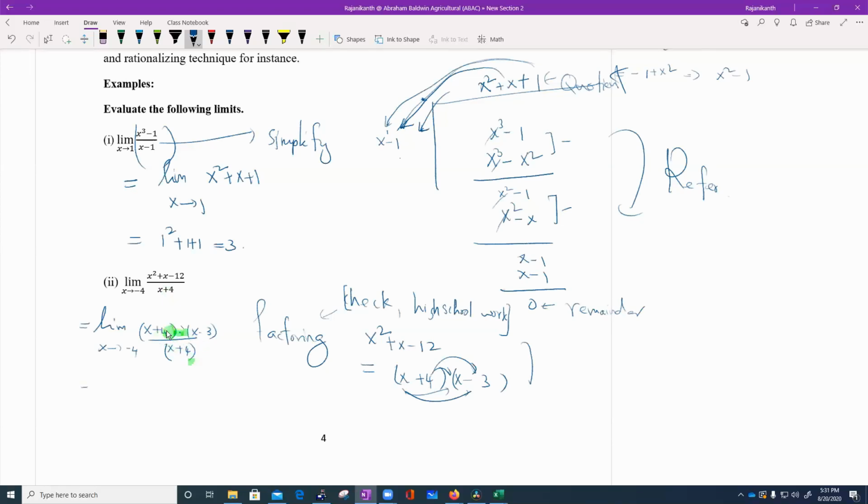You are simplifying here. Remember, this is like real numbers, right? If you have the same guys from numerator and denominator within the multiplication sign, simply you could cancel those two, right? That means you will come up with simply x minus 3. So the problem is now very simple. When x goes to negative 4, now your answer is x minus 3. Now easy. Simply plugging in negative 4, the answer is negative 4 minus 3, which is negative 7.